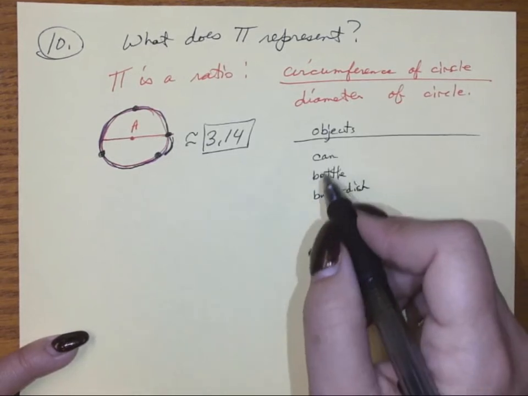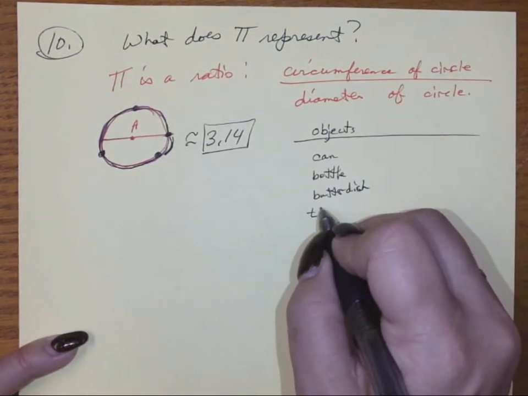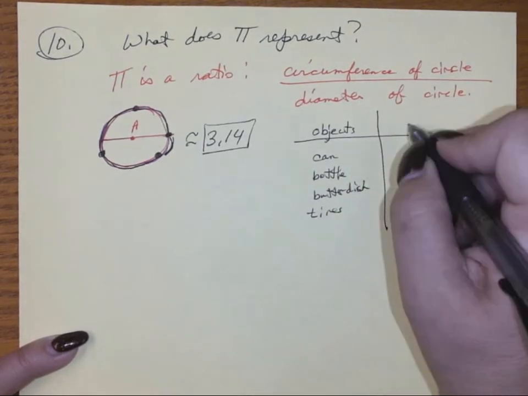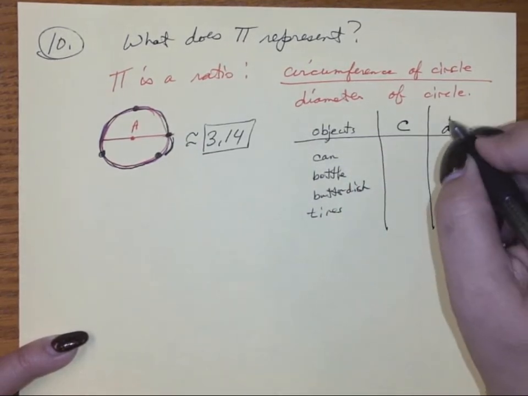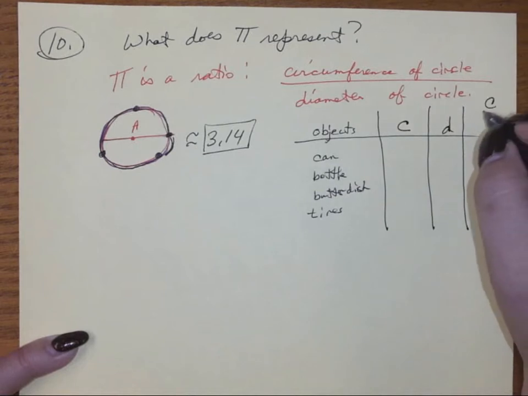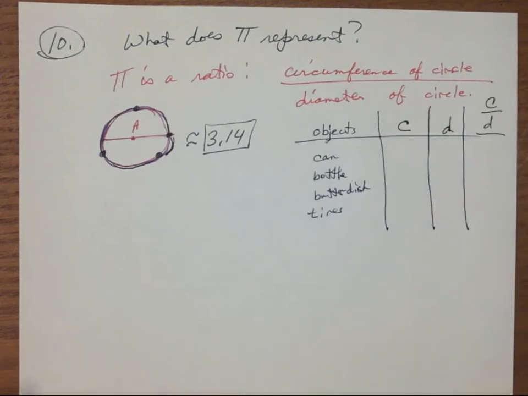The book mentioned wheels or tires or whatever. So lots of objects, bring them in, have the students measure the circumference, have the students measure the diameter, and then have them come up with that ratio C over D. And hopefully it comes out pretty close to 3.14.